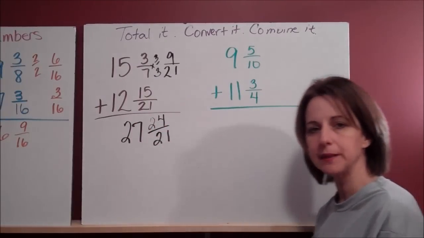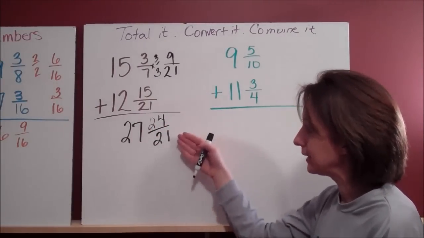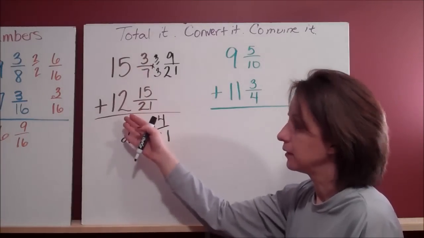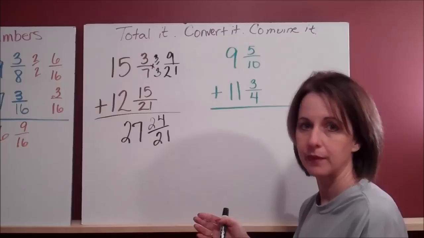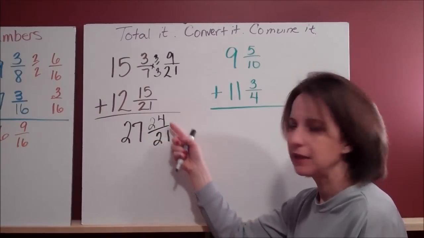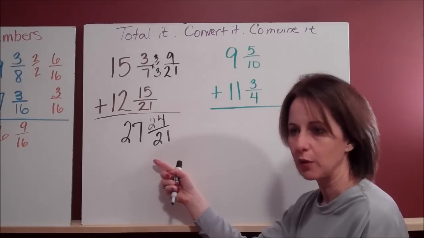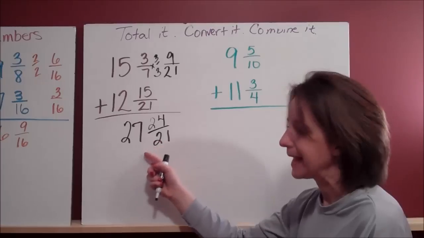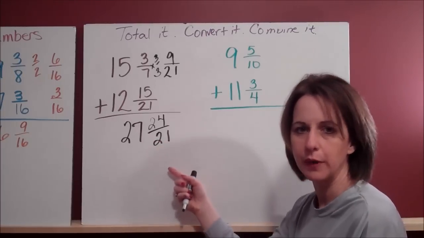So I've changed my denominators, and then I've added the whole numbers. What I'm looking at is what's called a mixed number with an improper fraction. So this says 27 and 24/21s.